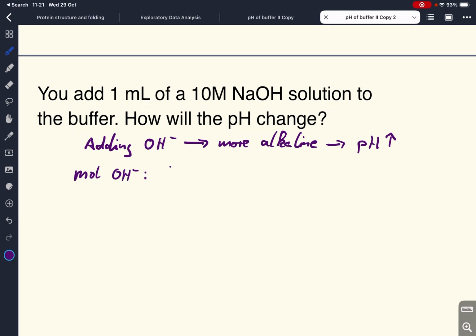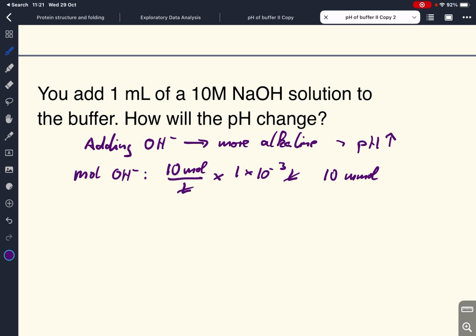So we've got 10 mole per liter, and we've got 1 times 10 to the minus 3 liter, 1 milliliter. The liter cancels out, mole is in the right place, so that would give us a total amount of 10 millimole. So we've got 10 millimoles of OH minus, which we are going to add to our buffer.